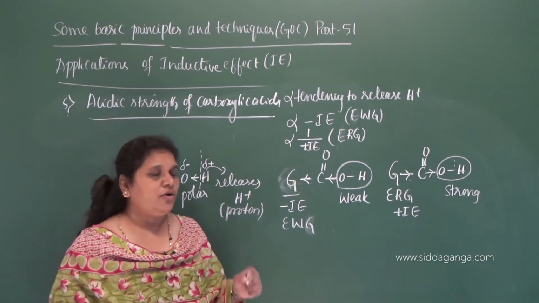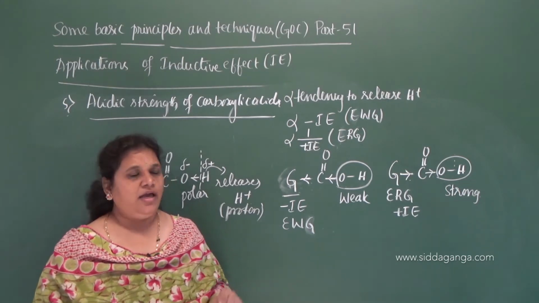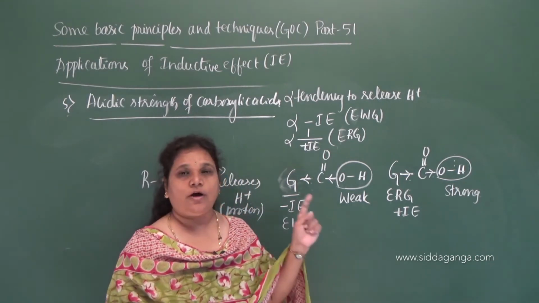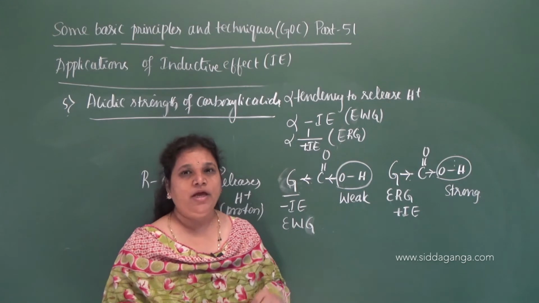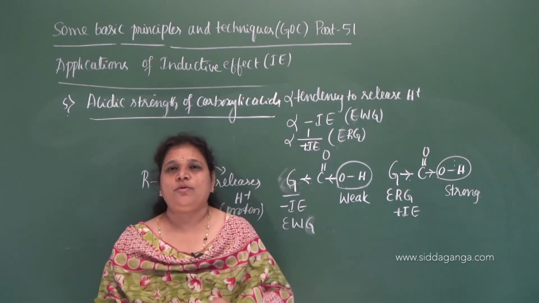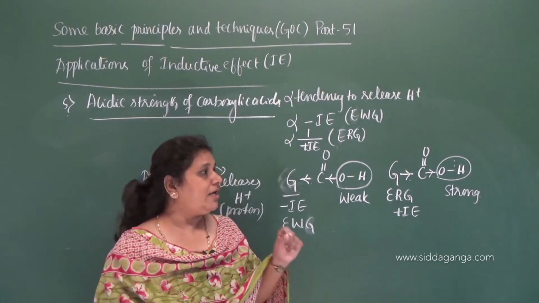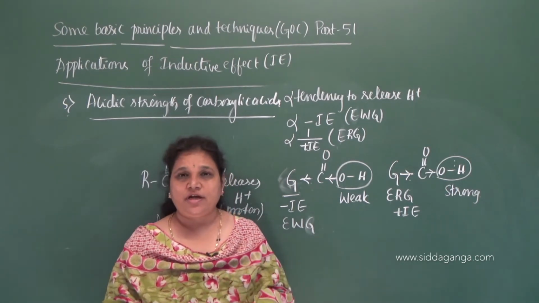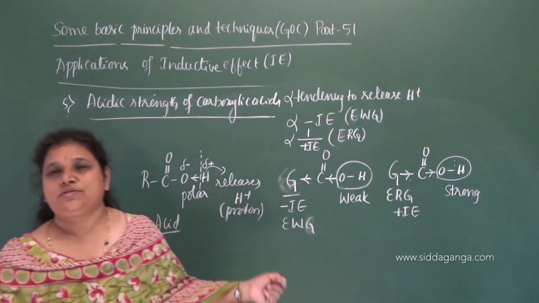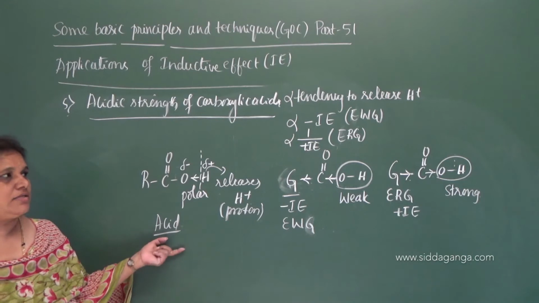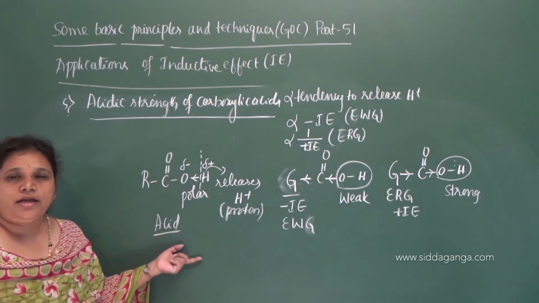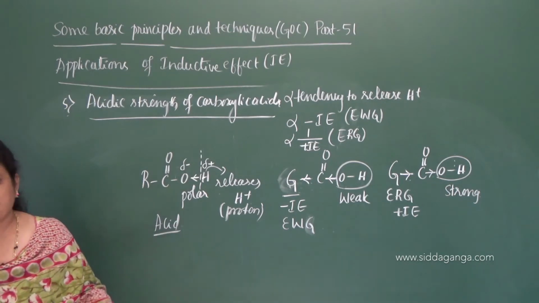Whereas any group, if it is electron releasing, if it exerts a positive inductive effect, if it is attached to the carboxylic acid functional group, it increases the strength of the OH bond. When the strength of the OH bond increases, the cleavage of the bond becomes difficult, proton releasing tendency decreases and acidic strength also decreases. So this is one more important application of the inductive effect. Let me give the examples here.